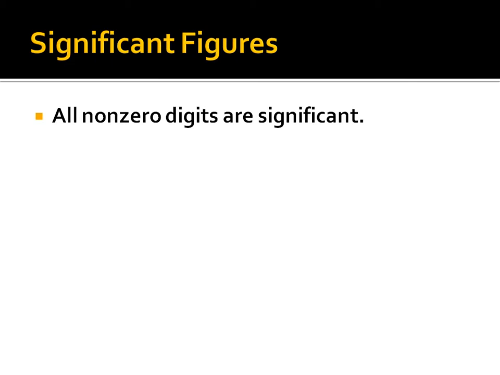All non-zero digits are significant. So if we look at examples, something like the number 778. We would say this number has 3 significant digits because they are all non-zero digits. We could have a small number, such as 12.